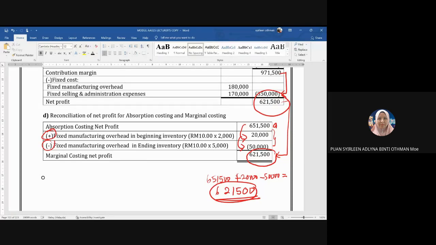Once you are done with that, baru kita buat statement. Okay, so untuk absorption format dia sama macam kita belajar di topic 2. Untuk marginal kita asing, which is the upper part will be all your variable costing. The lower part of the statement will be all your fixed cost. Okay, so towards the end of the question, mesti buat reconciliation.